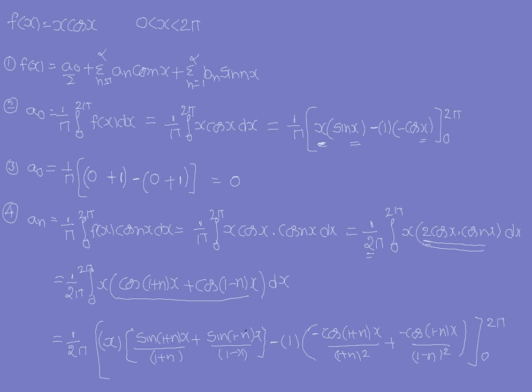If you substitute the values in this, an is equal to 1 by 2 pi into cos of 1 plus n into x by 1 plus n whole square plus cos of 1 minus n into x by 1 minus n whole square, between the limits 0 to 2 pi.